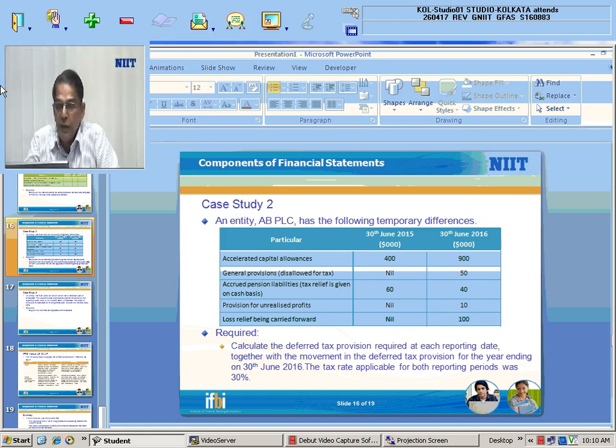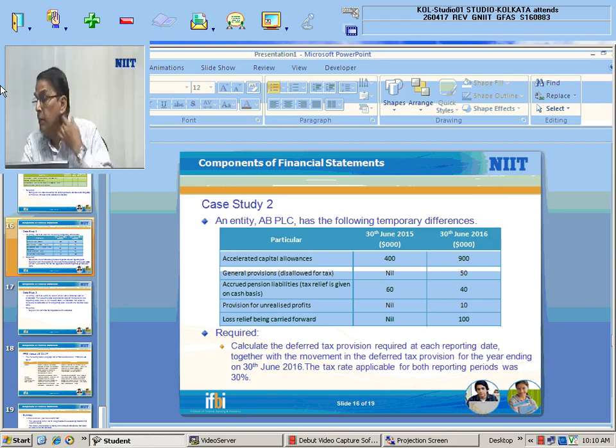Accrued pension liabilities, tax relief is given only on cash basis. 60,000 was the temporary difference on 30th June 2015 and 40,000 on 30th June 2016. Provision for unrealized profit. On 30th June 2015 the temporary difference was nil, but on 30th June 2016 it is 10,000. And loss relief being carried forward, temporary difference is 0 on 30th June 2015 and on 30th June 2016 it is 100.